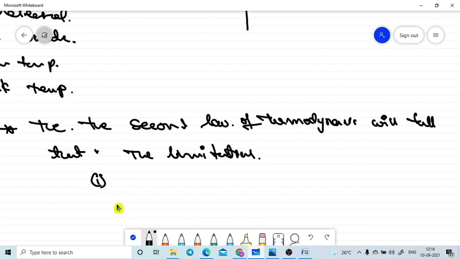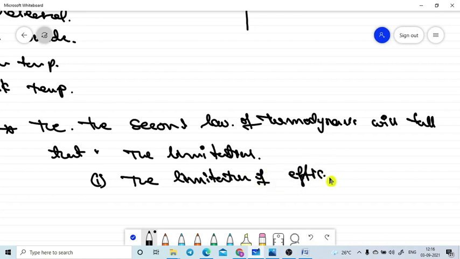The first limitation is the limitation of efficiency of the heat engine.